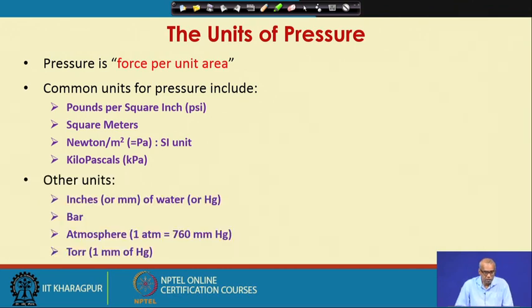There are other units such as inches of water or inches of mercury, millimeter of water or millimeter of mercury, bar, atmospheric pressure. You know, 1 atmospheric pressure is equal to 760 millimeter of mercury at sea level. Torr is another unit of pressure. 1 torr is equal to 1 millimeter of mercury.